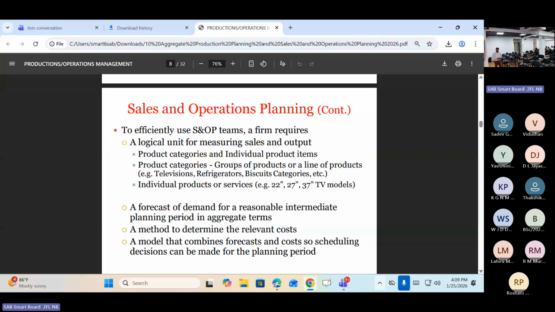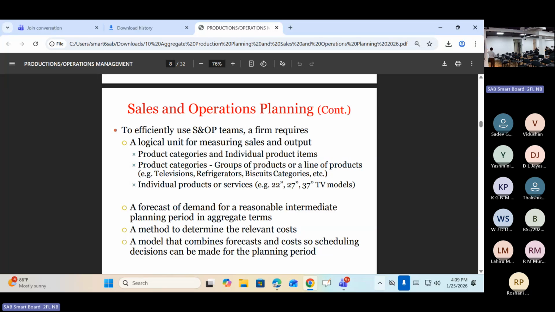Slide number 8 shows how to effectively use a SNOP team. What are the initial conditions that businesses should fulfill? First of all, we need to identify a logical unit for measuring the sales or output. What is the logical unit? Is that individual product items or product categories?